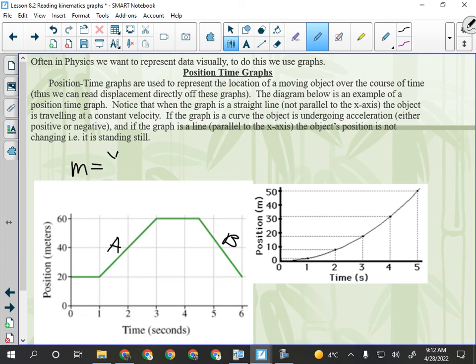Now, the reason we might think that is because on this graph, if you recall yesterday, we said slope equals y minus b over x, which on this graph is final position minus initial position, because position's on the y, divided by time, because time is on the x-axis. That calculates velocity.